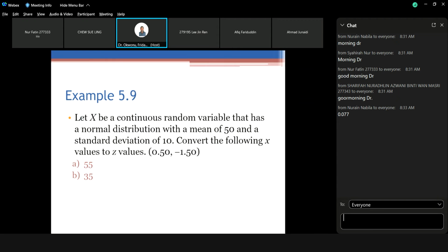so let's take this illustration. Let X be a continuous random variable that has a normal distribution with mean. This is the mean. Population mean is given to be 50. Okay, and the standard deviation is 10.